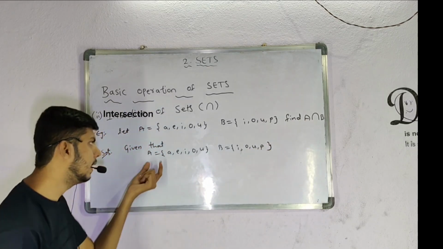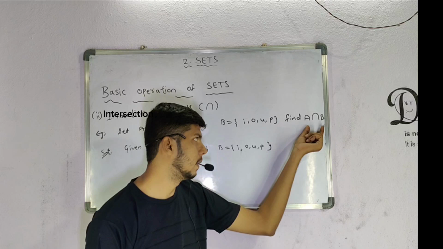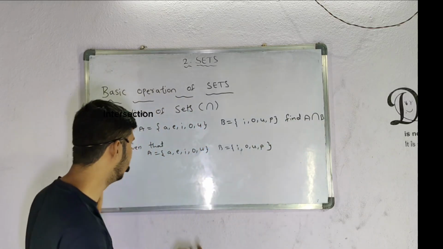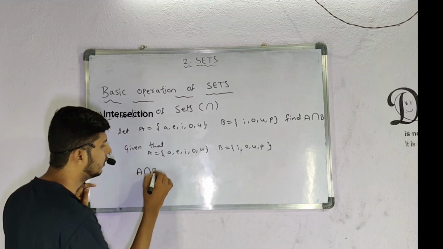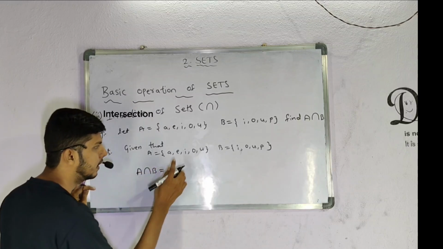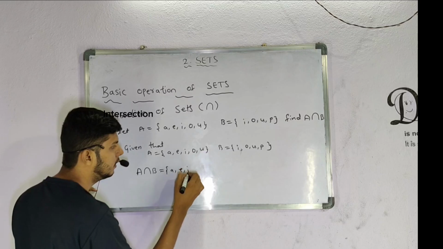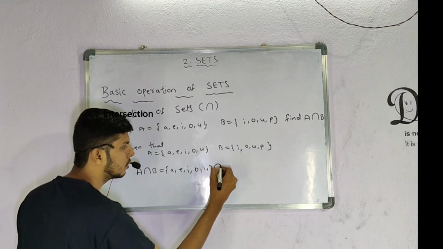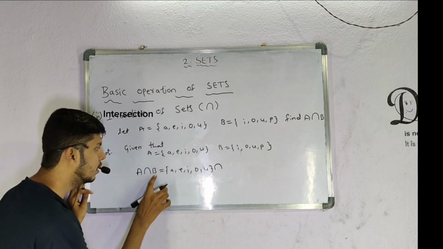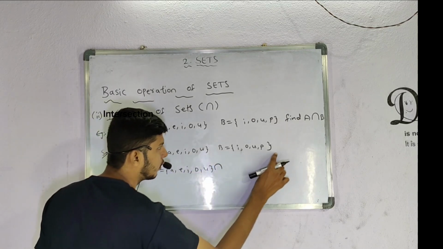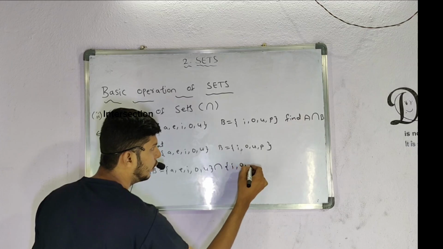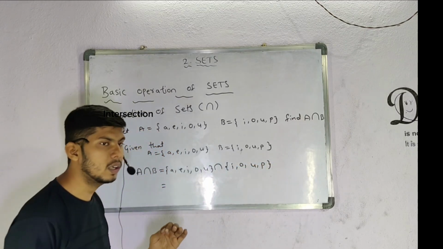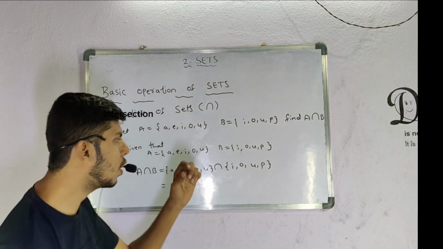Now we have to find A intersection B. First write the A set, A, E, I, O, U. Next, we write the intersection symbol. Next, we write the B set, I, O, U, P. In these two sets, what are the common elements?